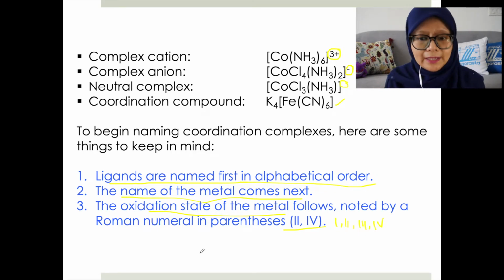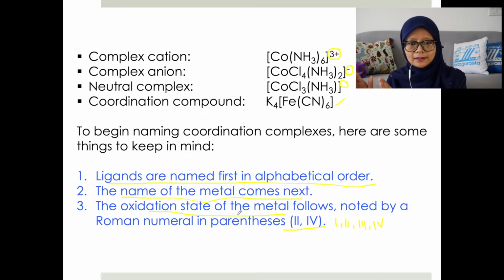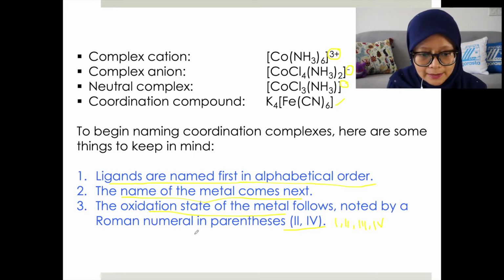Other than that, you need to make sure there is no gap between the metal and the parentheses. For example, let's say you write down copper. Let's say this one is copper 2, copper 2 plus.